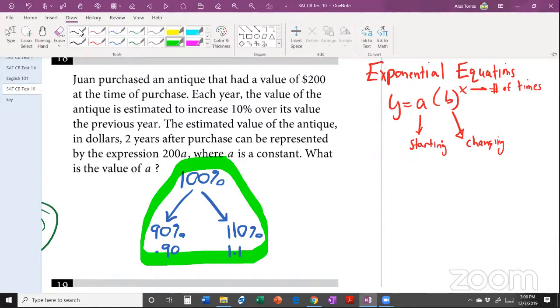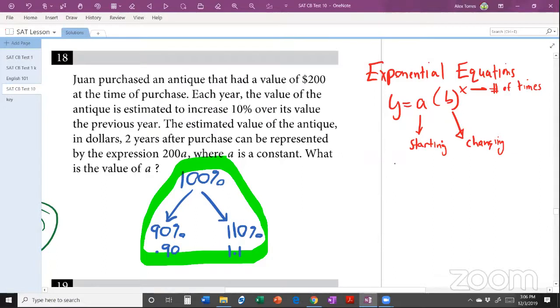So now let's fill in the pieces into this situation they have here. We have something that has a $200 initial value, and it's being increased by 10%, so 1.1, like we explained in green there. And that's happening 2 years. That's happening 2 times.